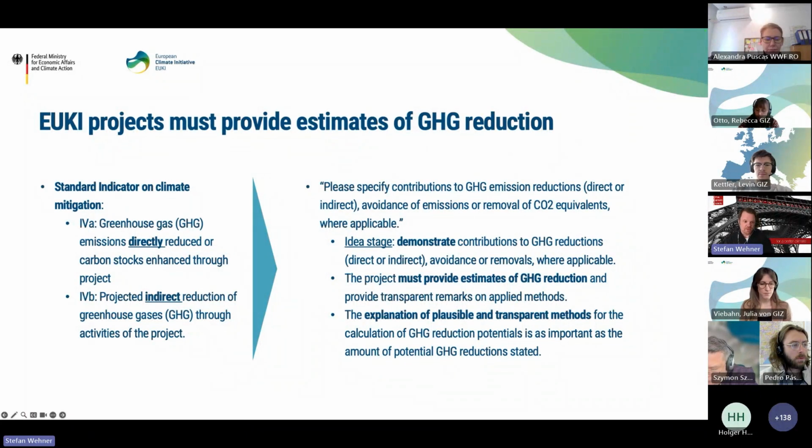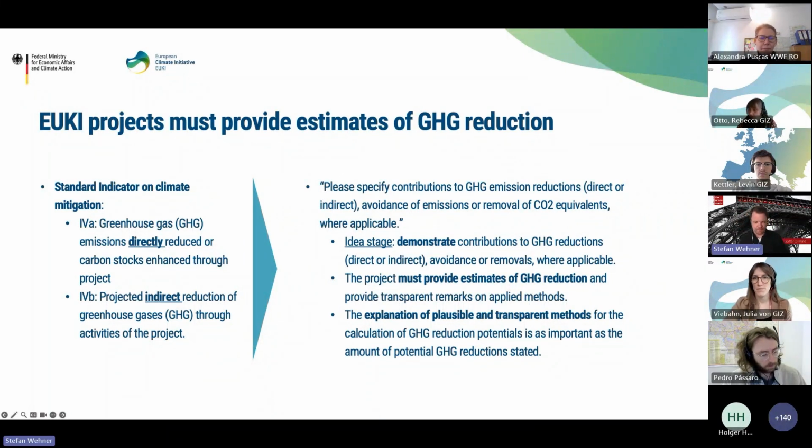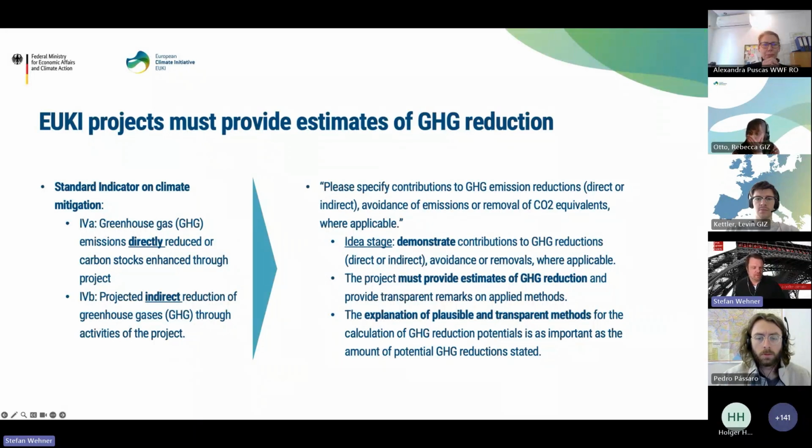And the key here is always to be transparent, provide a traceable calculation, but also be as conservative as possible. So there's a clear expectation. On the one hand, the question is how we don't do that.